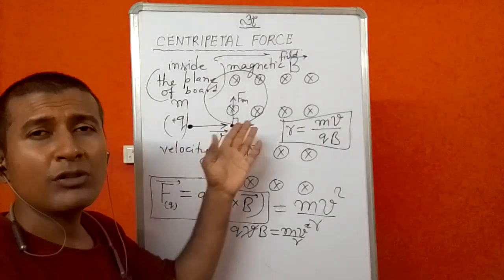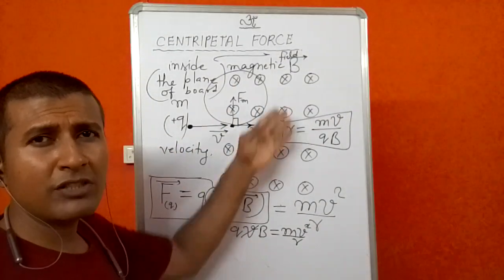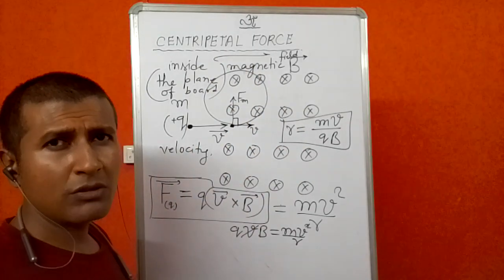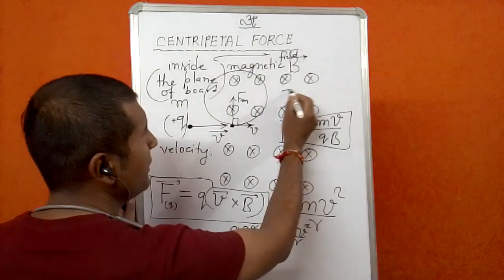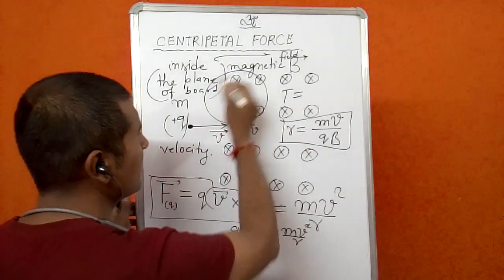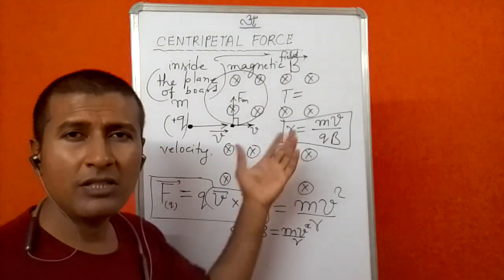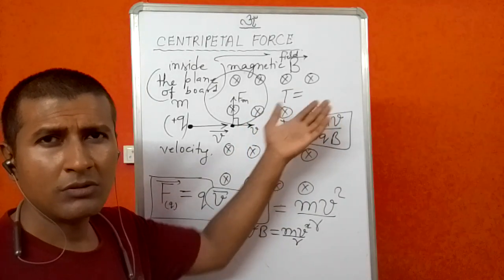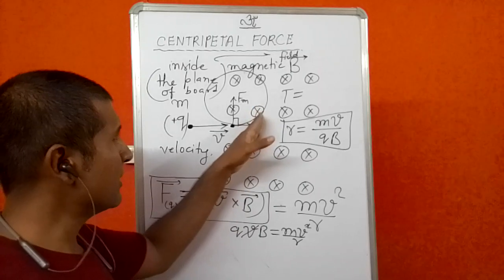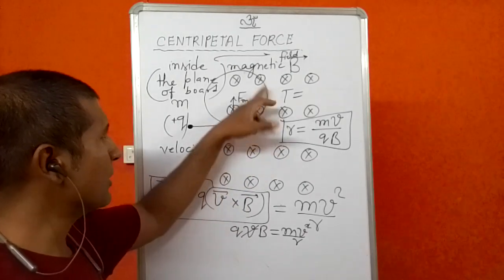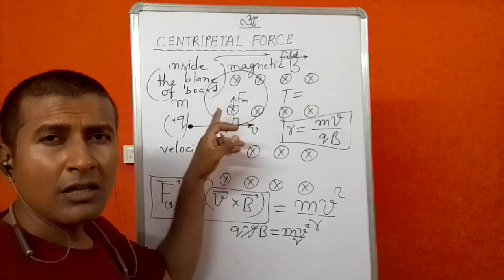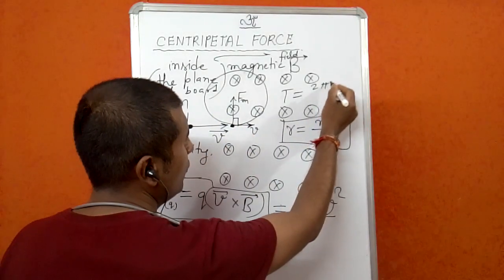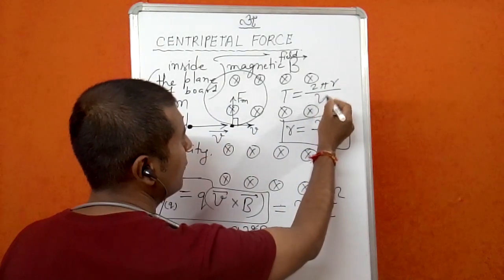Now let's suppose you have to find out the time period of this particular revolution, right? So how can you find it out? We have a formula. Time period T is equal to distance upon velocity. Yes or no? Time is equal to distance upon velocity. Now the distance covered by this charge in completing one revolution is nothing but 2 pi r upon the velocity.